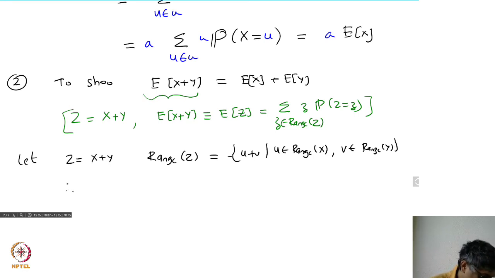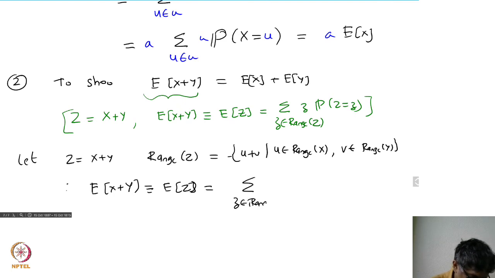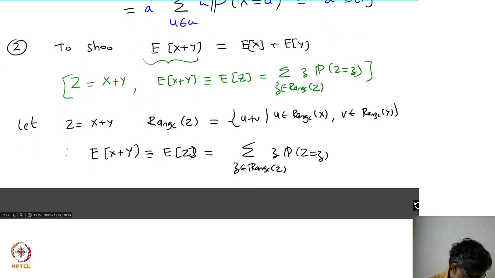So therefore, E of x plus y, think of it as E of z, is the same as the sum over all z in the range of z, z times the chance that z is equal to little z. And that's going to be equal to, you replace z by u plus v.